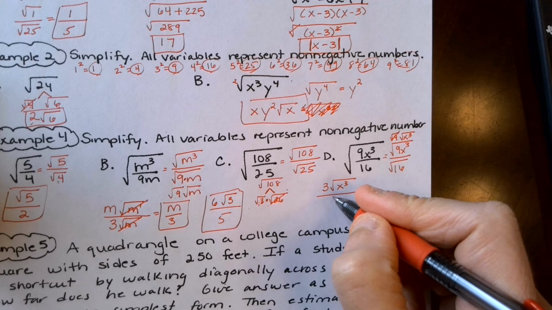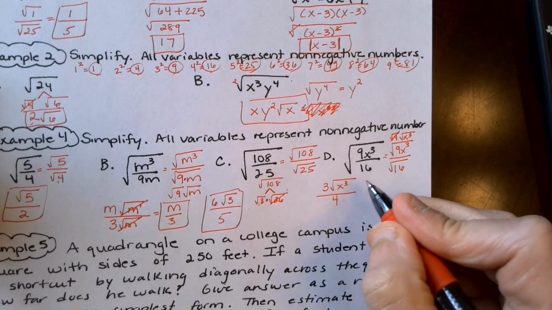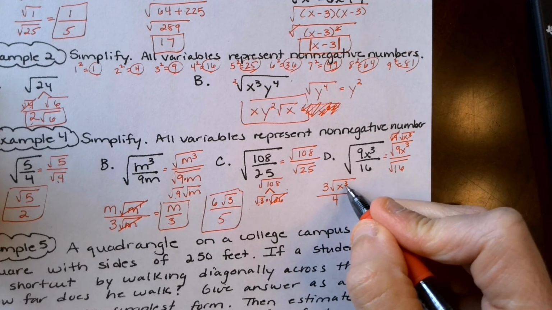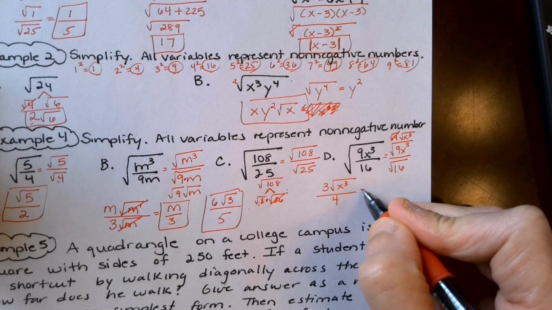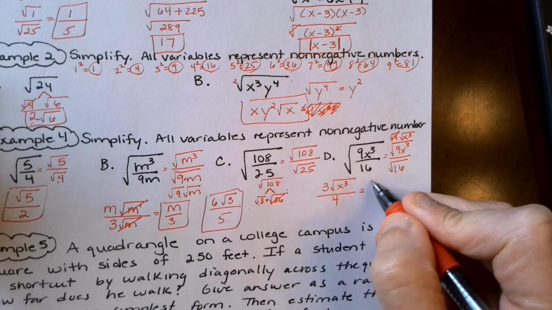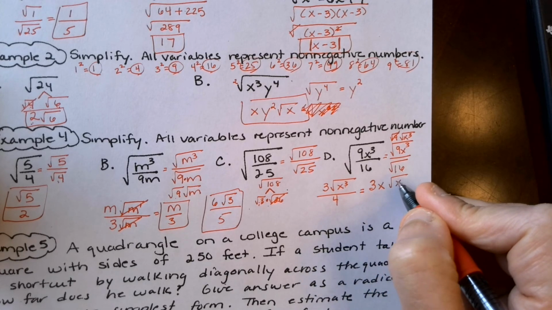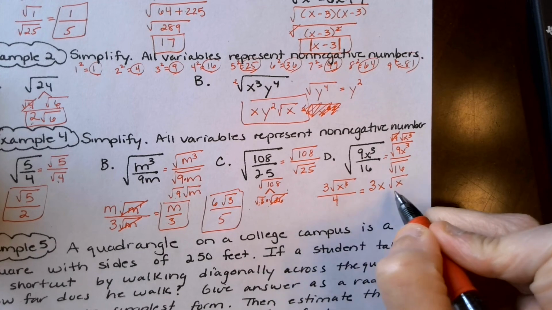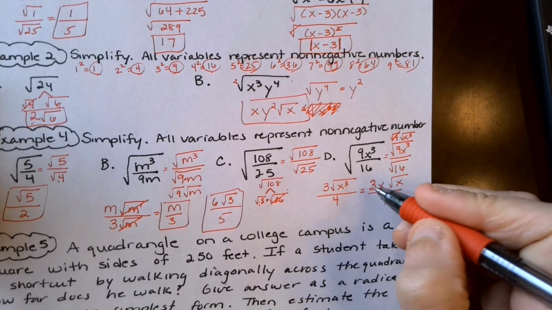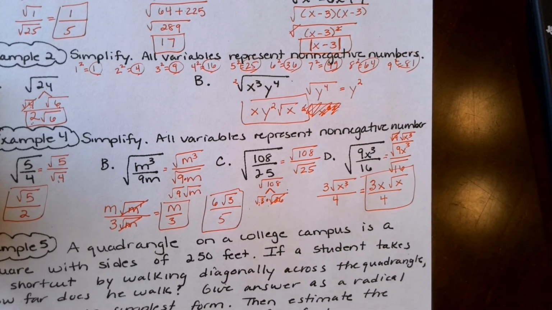And square root of 16 is 4. But how many pairs can we pull out? There's 3. A pair means 2. We can pull out 1 pair. So I'm going to take out 1. And what's inside? We still have a 1 left if I've taken out 2. And we are done with that.